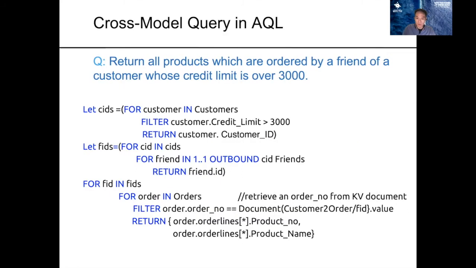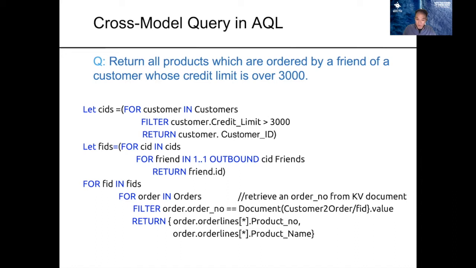Okay, issue the following AQL query. Because in the query we have to retrieve data from all different types of data models, the corresponding information is kept in different types of data. For example, the customer information is kept in the customer relation table, so we let CID be a temporary variable to keep all of the customers with credit limits over 3,000, right?